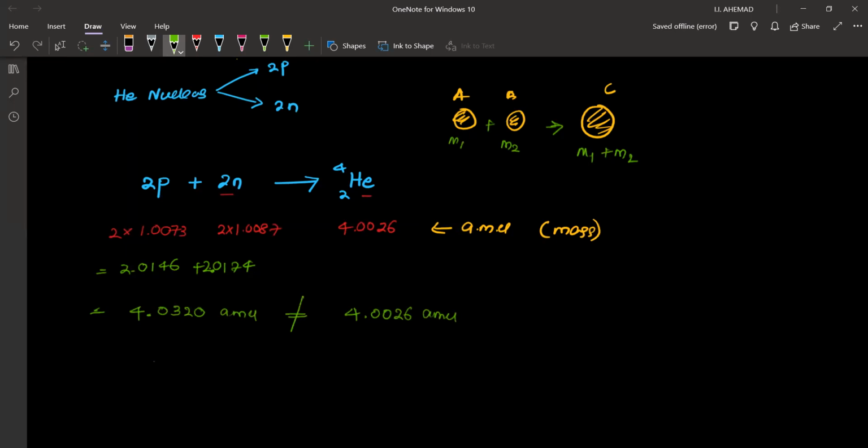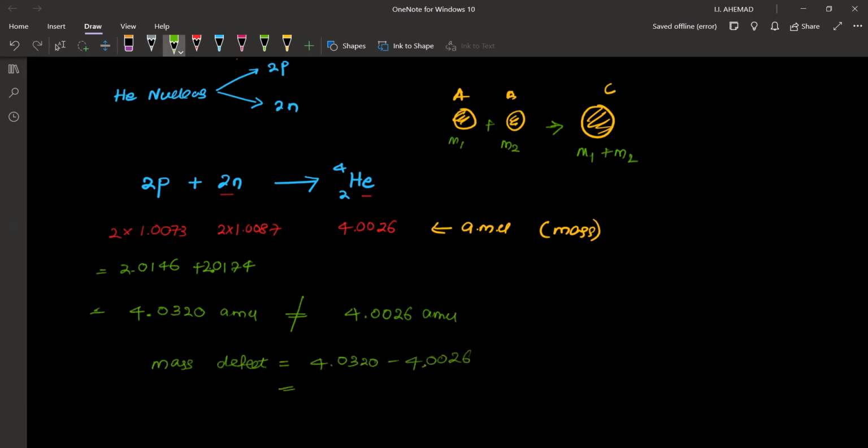So let's find out how much mass has reduced. We call it the mass defect. So this is equal to 4.0320 minus 4.0026.